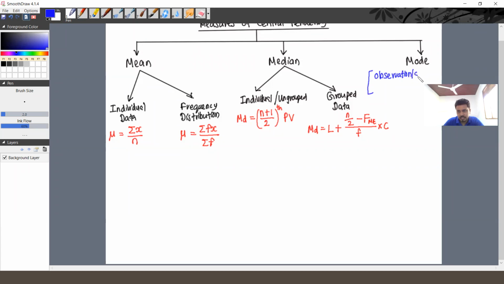Or sometimes there can be more than one mode, so it can be observations as well. Observations with highest frequency. Mode means the observation with highest frequency.